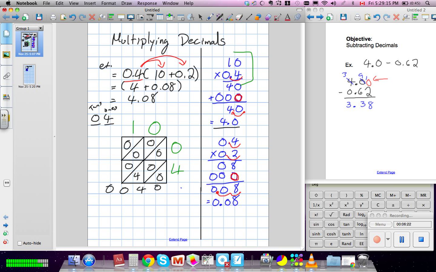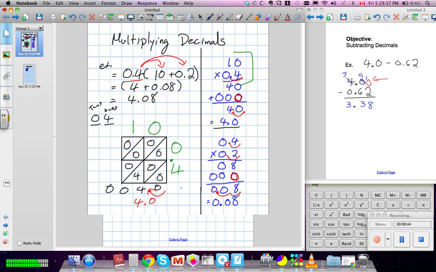We counted it right here, remember? Just 1. So we start here and we go over 1. So our answer would be 4.0. Those other zeros in front become irrelevant. So you can set up any multiplication question like that. And we'll do another one, the same type of question.